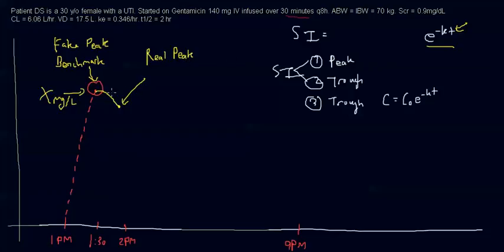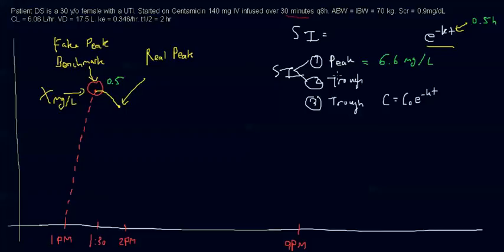How much time has elapsed? 1:30 to 2 o'clock is simply 30 minutes, or 0.5 hours. So to find the peak, you get 0.5 hours as the t, and if you plug everything in, this should equal 6.6 milligrams per liter.